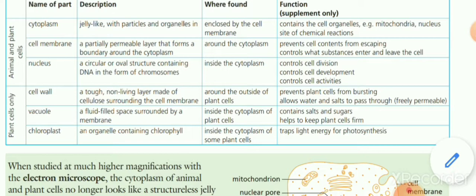It allows different pathways, but again, it is not that selective. For selectivity, cells have to depend on the cell membrane.